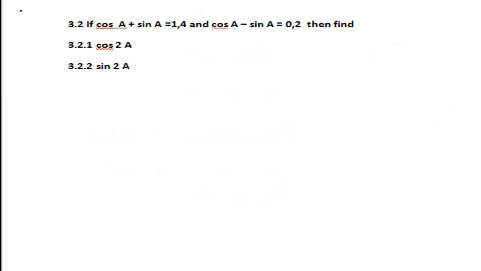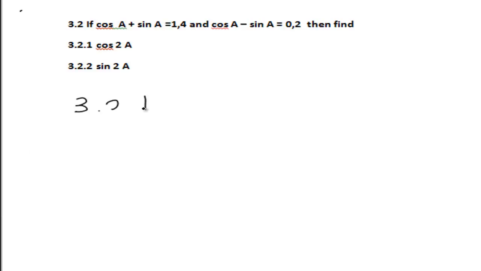The application on double angles, you got cos a plus sine a is equal to 1,4, cos a minus sine a is equal to 0,2. Find cos 2a. Now cos 2a, you will notice now we've got difference of two squares.